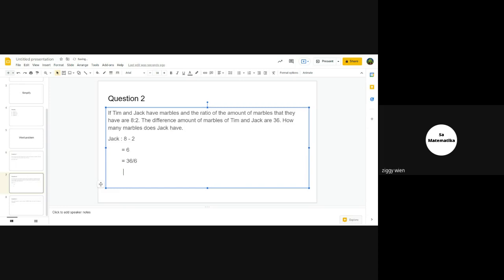Now you use the same trick as the question before. We put 6 times how many Jack has in the ratio, which is 2. And the answer will be 12.